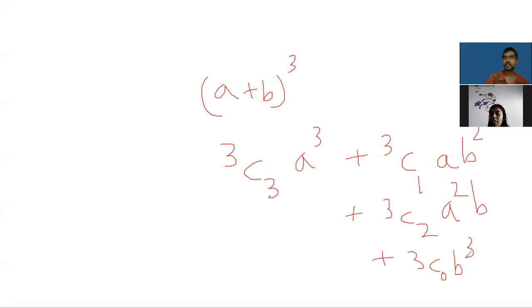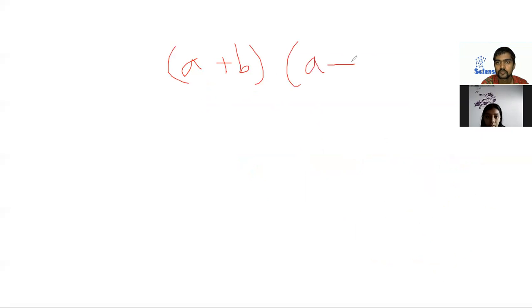Now let's see a simpler example. Let's consider (a plus b) into (a plus b). How many baskets do I have here? 2. Initially I'll choose how many apples? Max, no?